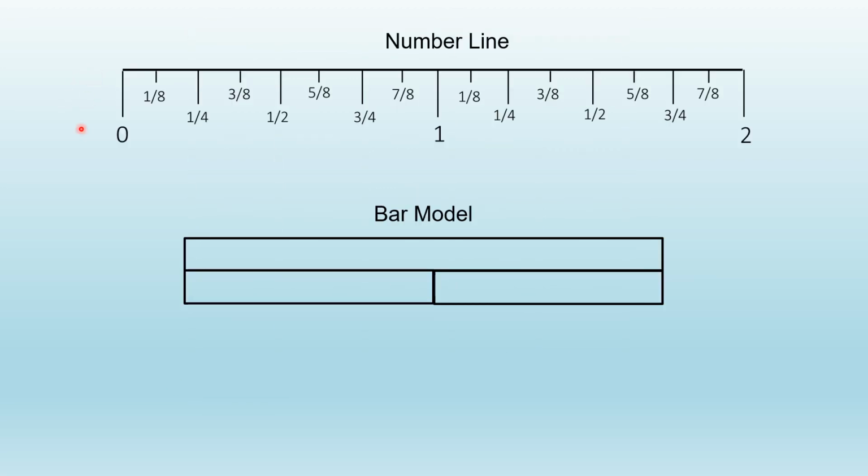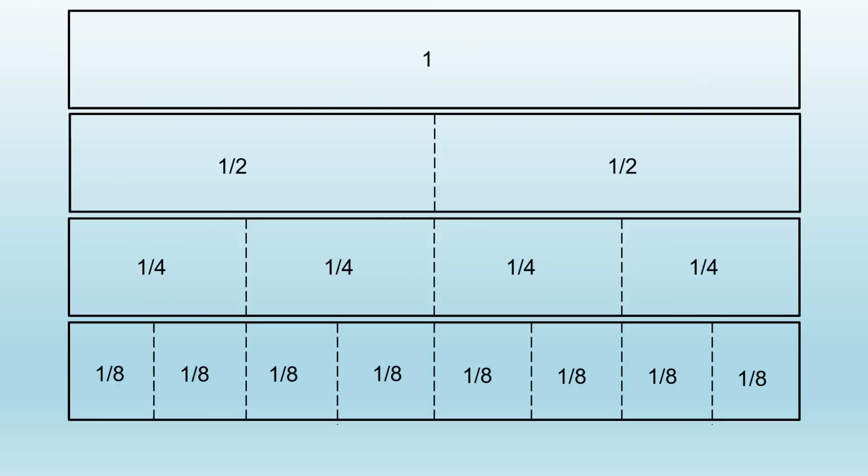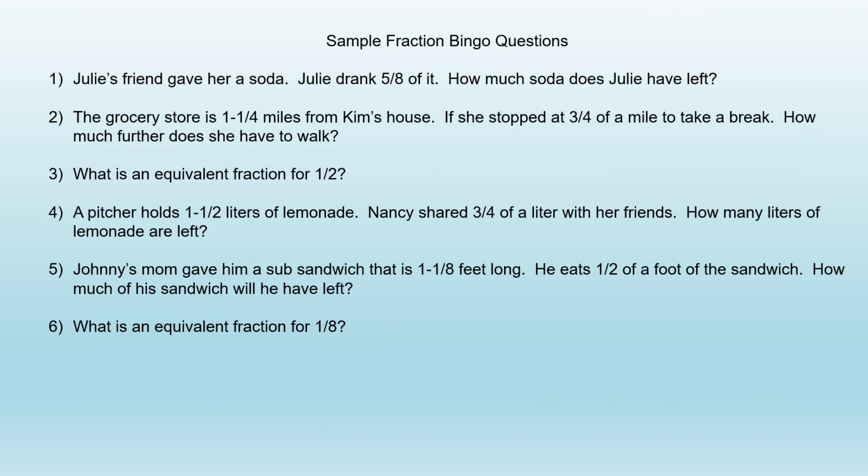You can use number lines or bar models to help you. You can also use your folded paper strips to find equivalent fractions. These are sample bingo questions that students will answer while they play Fraction Bingo.